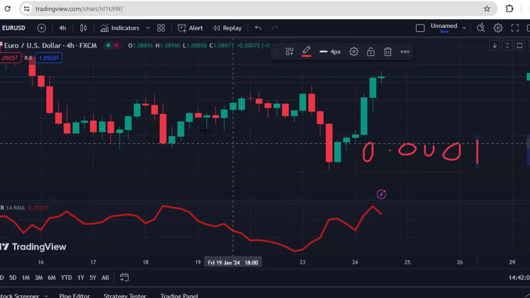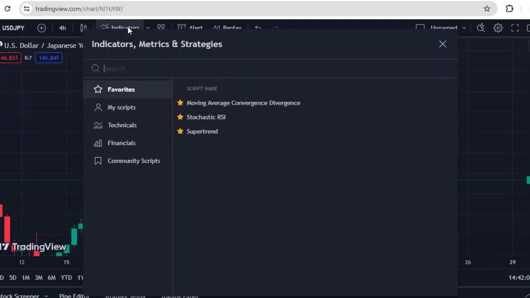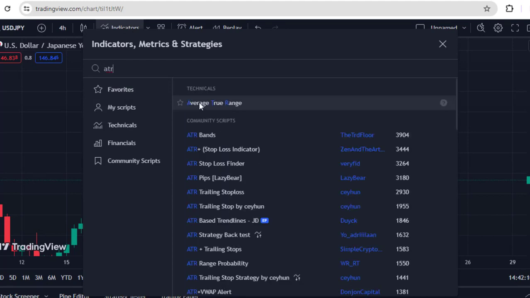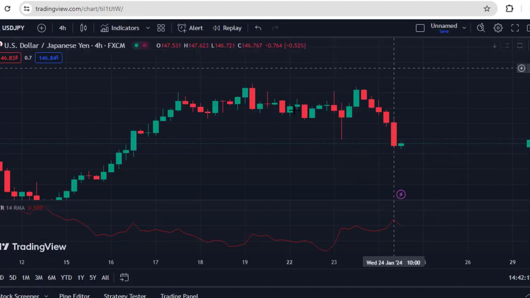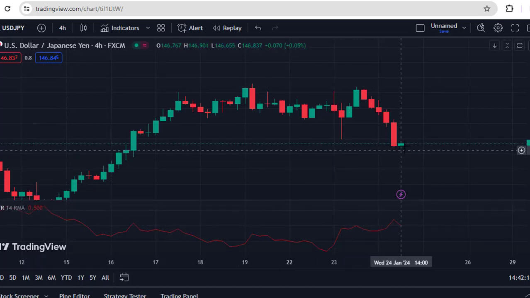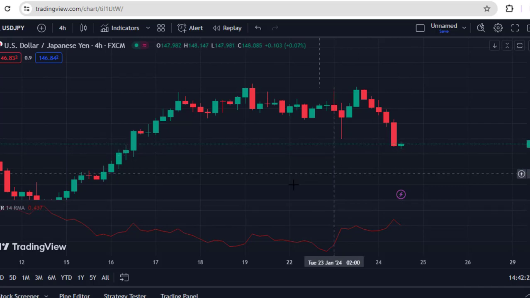Now, having known this, if you go back to the JPY pairs, first of all, if you put on the indicator by just typing ATR, it will bring up the ATR indicator. You put it on your chart, and then you can increase the visibility by going to the settings right here. Now, if I put the cursor on this very candlestick, the ATR will appear right here.